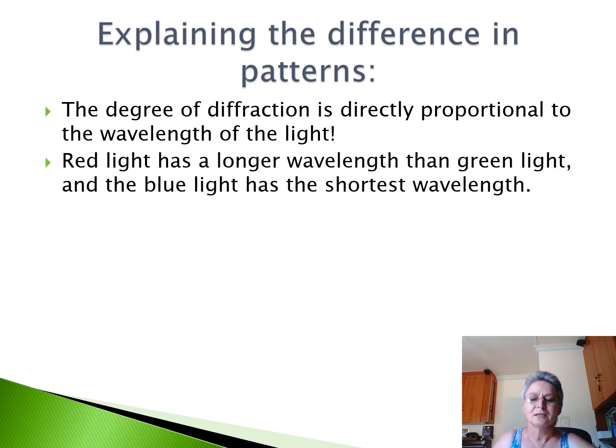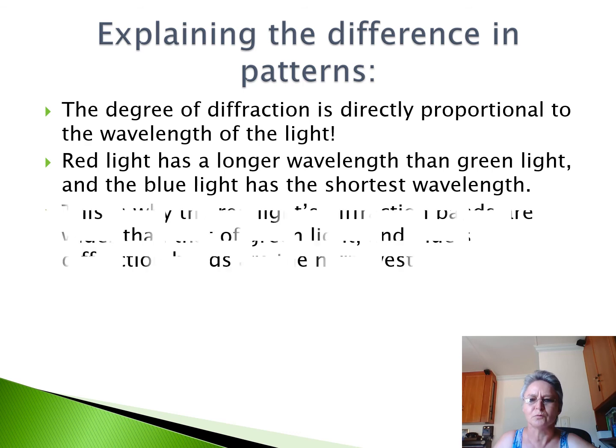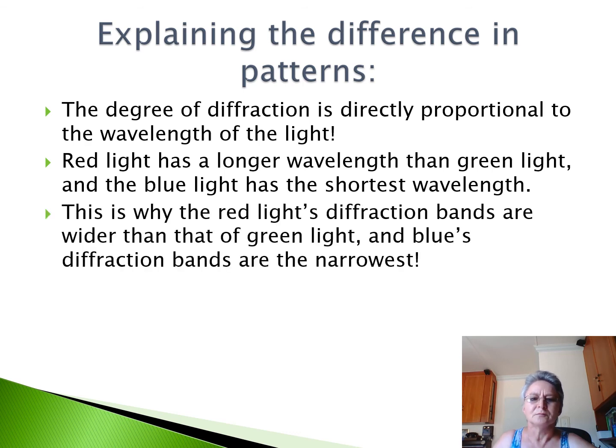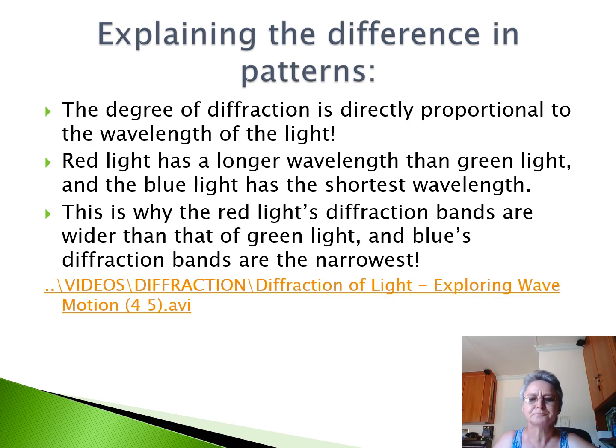Red light has a longer wavelength than green light, and that has a longer wavelength than blue light, because blue light has a shorter wavelength than green, as well as red. This is why the red light's diffraction bands are wider than that of green, and blue diffraction bands are narrowest.